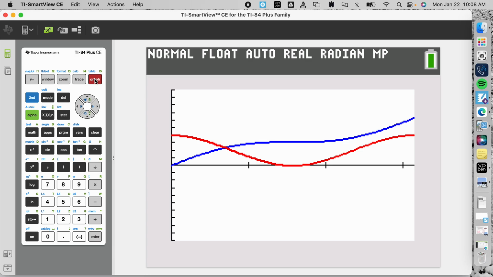Okay, looking at this one, does mean value theorem work on this problem? What would we look for? Well, what would it look like if it didn't work for mean value theorem? There would be x values missing. Yeah, there would be a section missing or an asymptote or something like that. Continuous, I believe the red one was the original function. So the red one is the original function.